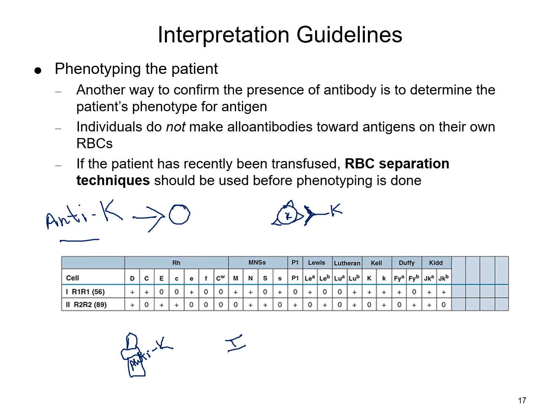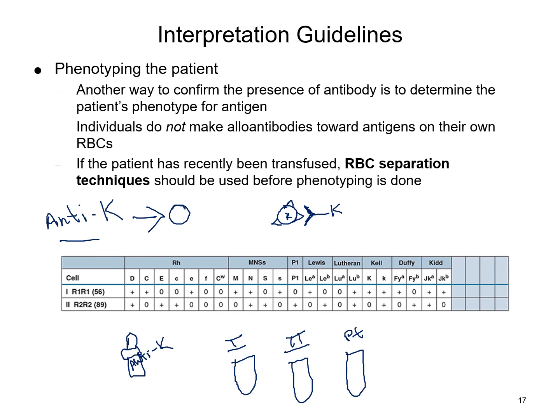So let's imitate that. If we were doing QC, that means we need a cell that has the antigen and a cell that lacks the antigen. So when we do our testing, this is where we would use those reagent red cells, that screening cell, and then we would test our patient.